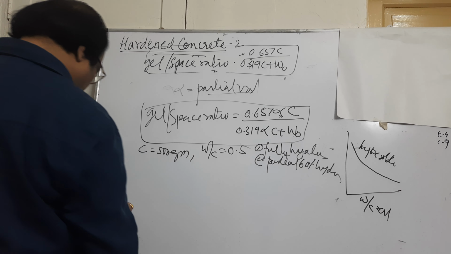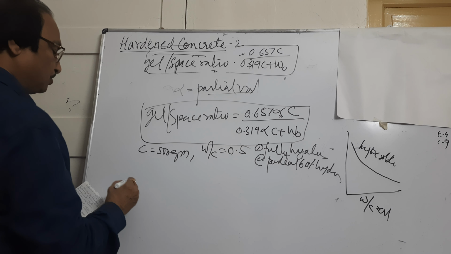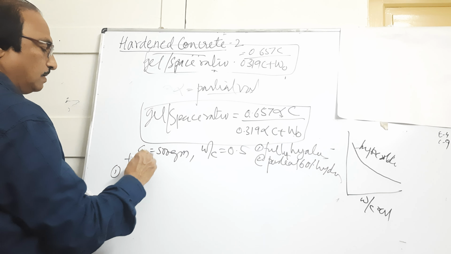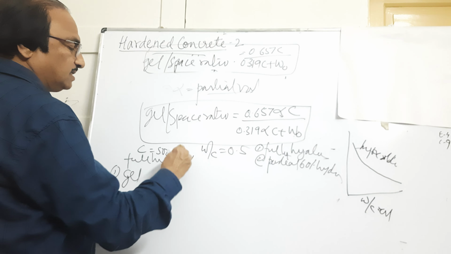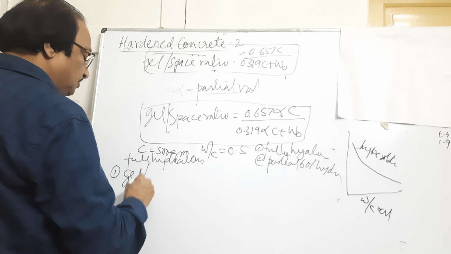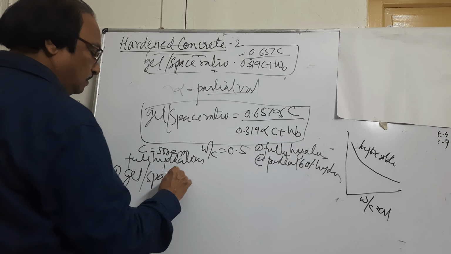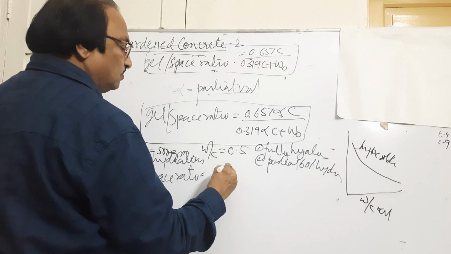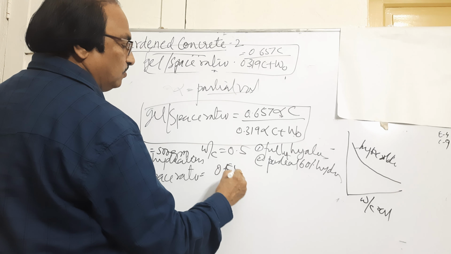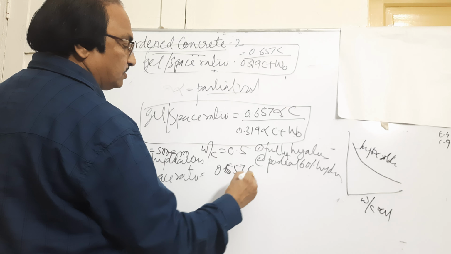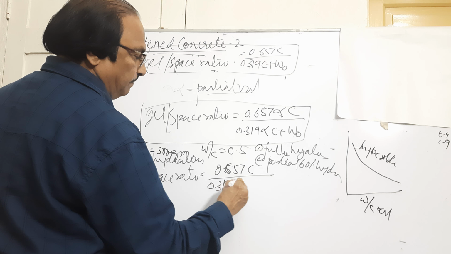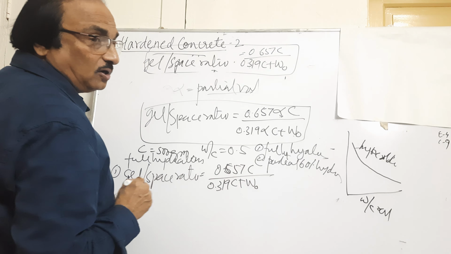Suppose I go for the calculation of gel space ratio for full hydration. It is just remembering a formula. Gel space ratio is equal to 0.657 into C divided by 0.319 C plus W naught.